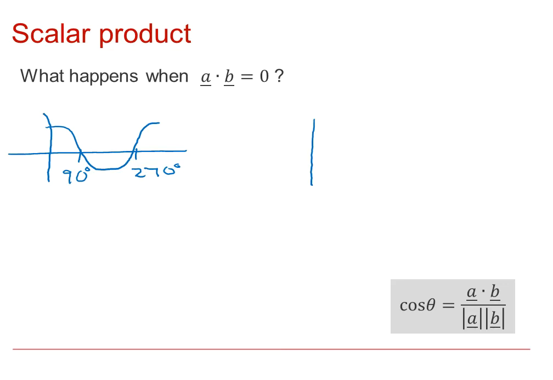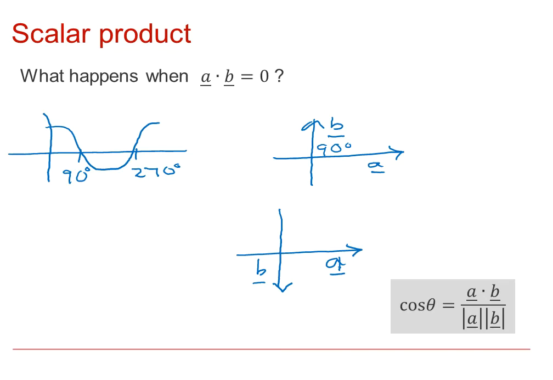So it'll either be that theta is 90 degrees there, or you have a situation where B is in that direction there, and you've got your 270 degrees going all the way around. In either case, A and B are perpendicular vectors.